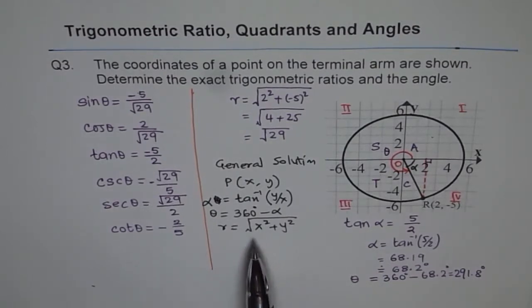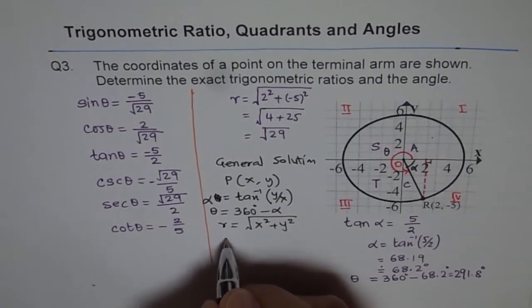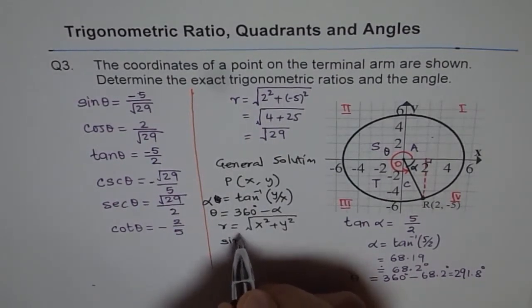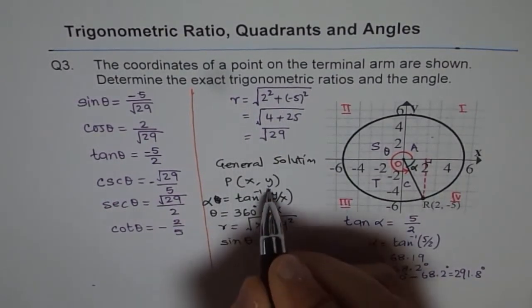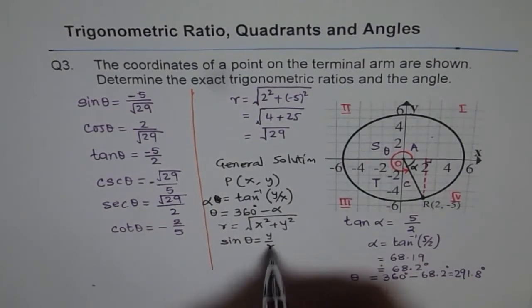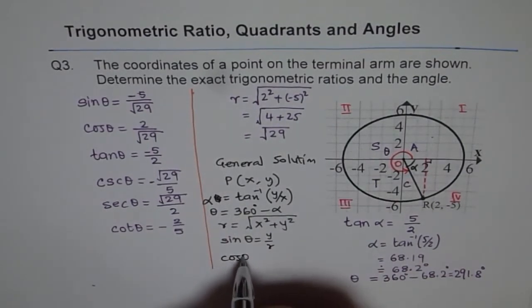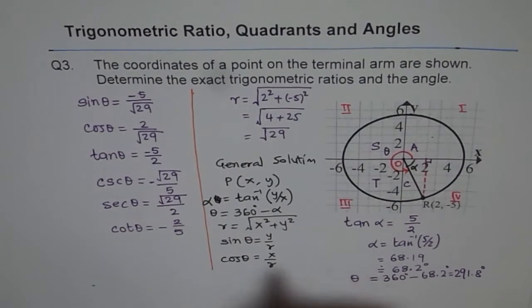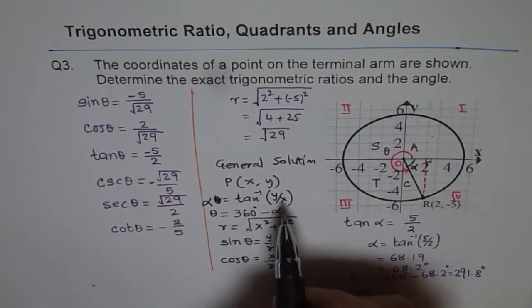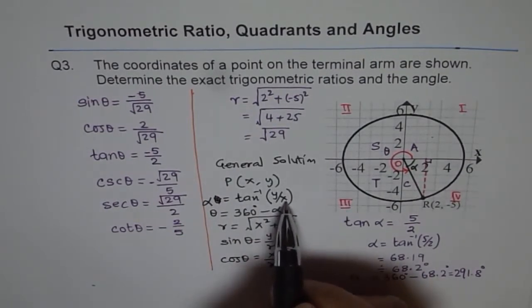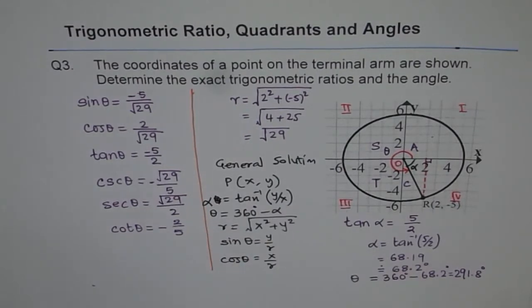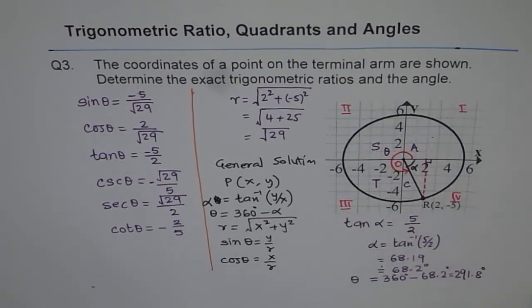Sine of angle theta will be equal to y over r, and cos will be x over r. And tan is y over x. That is how you are going to solve such problems, and this is your general solution. I hope you understand. Thank you.